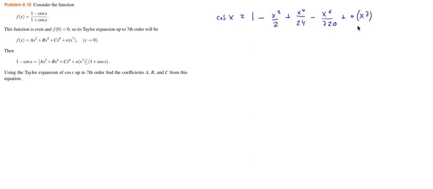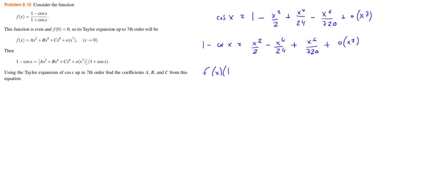So 1 minus the cosine is going to be x squared over 2 minus x to the 4th over 24 plus x to the 6th over 720 plus small o of x to the 7.